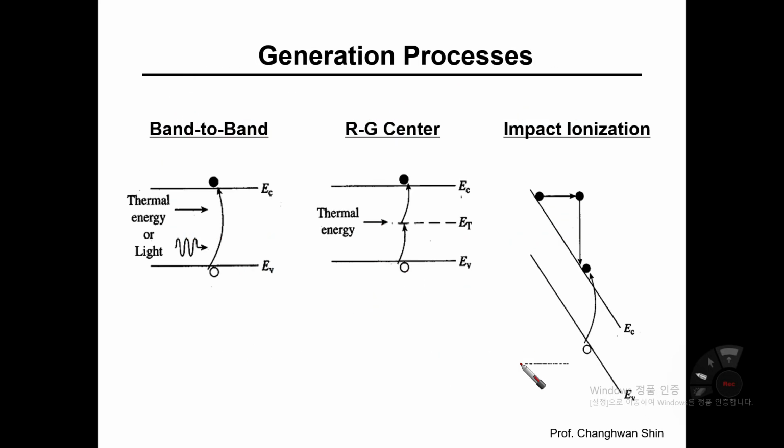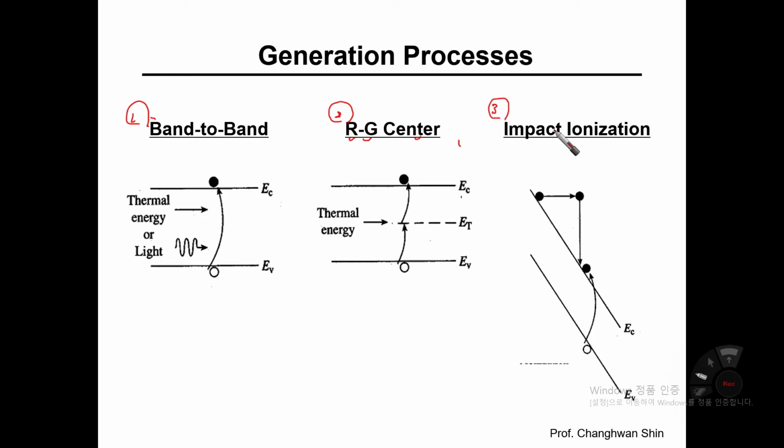Now let's move on to some more details on the generation processes. On the left-hand side, you can see the band-to-band generation process, which is number one. The second type of generation process is the recombination-generation center. With the help of these RG centers, generation can happen.